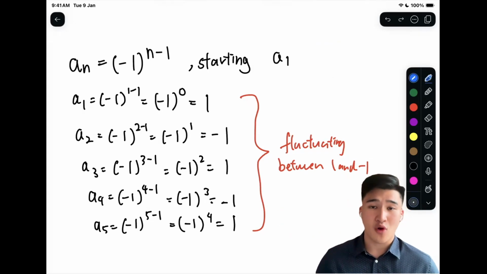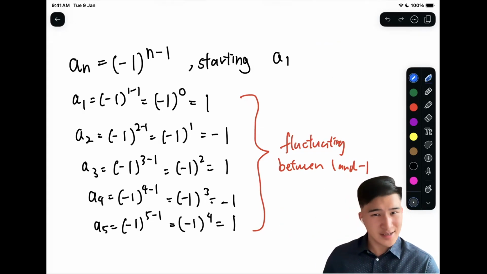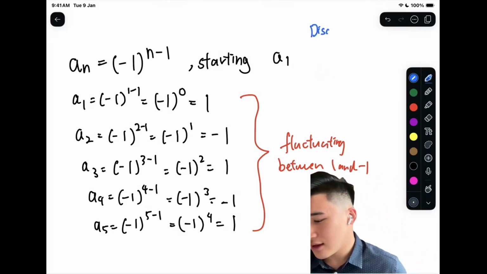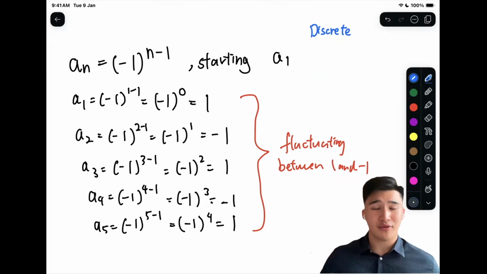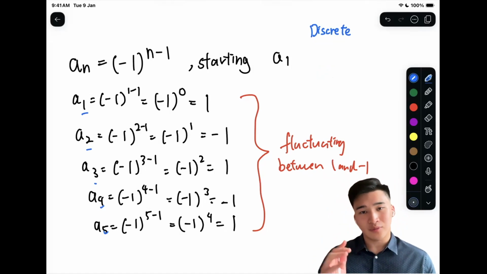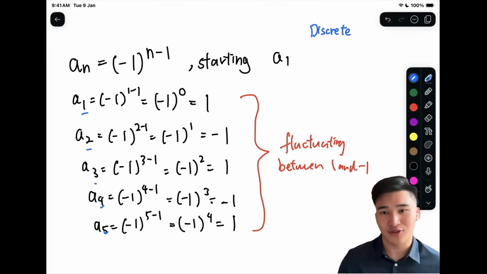And from these two examples, I just want to stress the importance of realizing that sequences are discrete. What I mean by discrete is, if you take a look at the input of the function, the n's are 1, 2, 3, 4, 5. You see that these are not 1.5, they are not like the square root of 2, whatever.